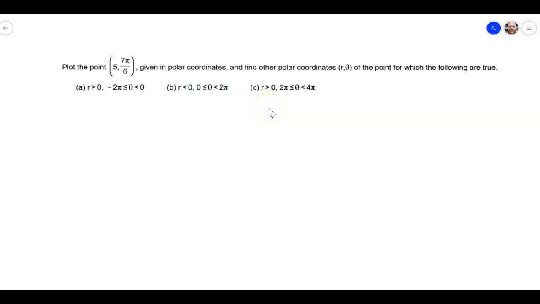So here's the idea. In the rectangular world, the XY world, we usually define a point really only in one way. For example, if we have a point that is 2 units to the right and 3 units up, there's really only one way to describe that point.